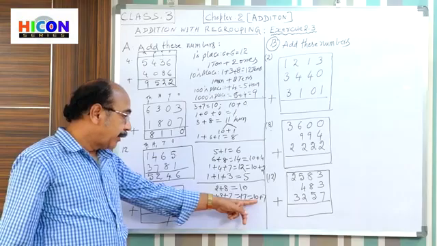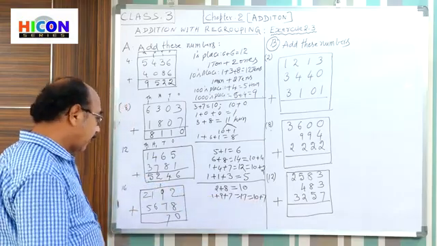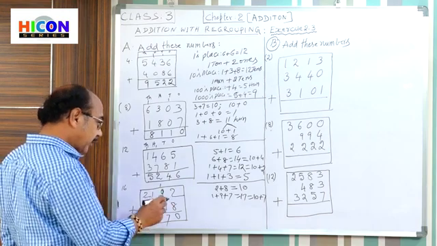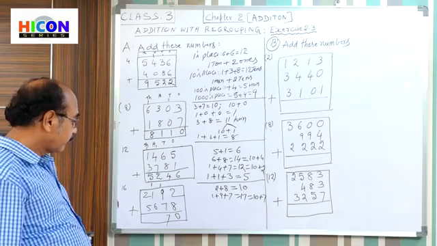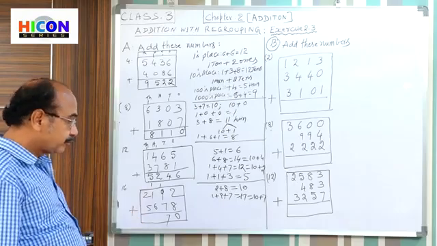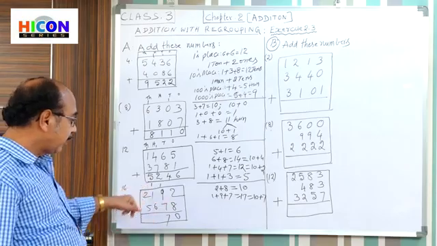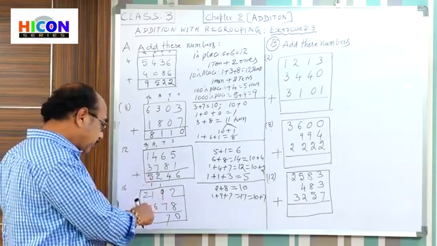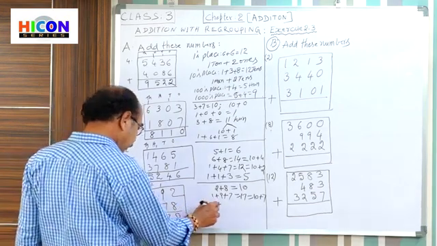Now here 10 tens make a 100. Yes or no? So write 1 in the hundreds place, because 10 tens make 100. That's why 1 is the carried 100. Now add the digits in the hundreds place. 1 is the carried 100.